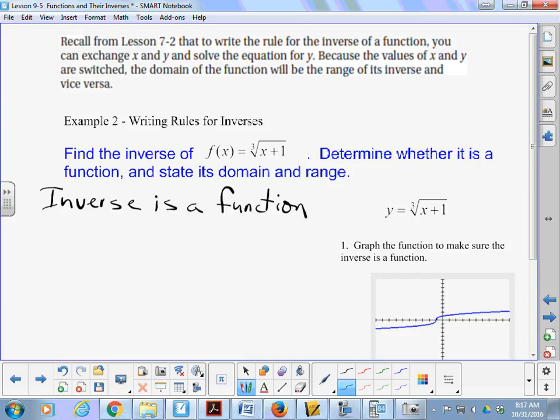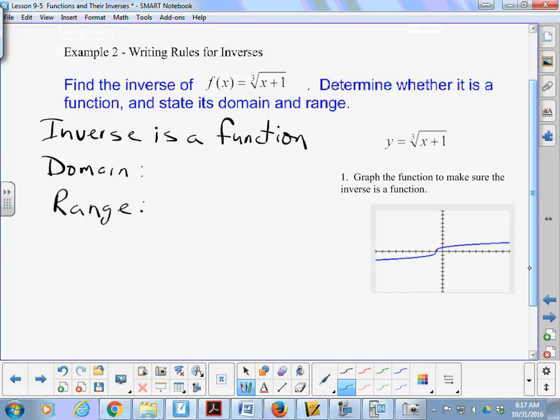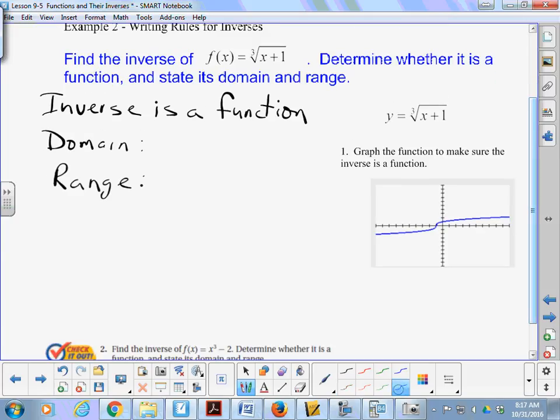All right, and let's do domain and range then, before we actually find the inverse. So when we look at this graph here, the domain for this graph, does this graph ever stop going from left to right? No. So the domain is all real numbers. Is this graph ever going to stop rising or falling?